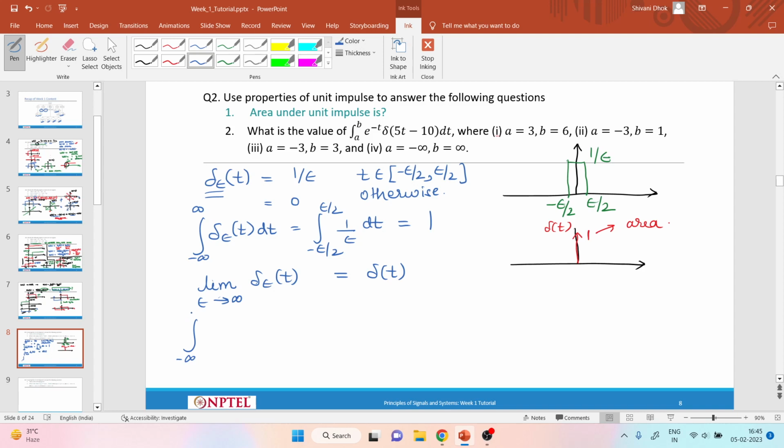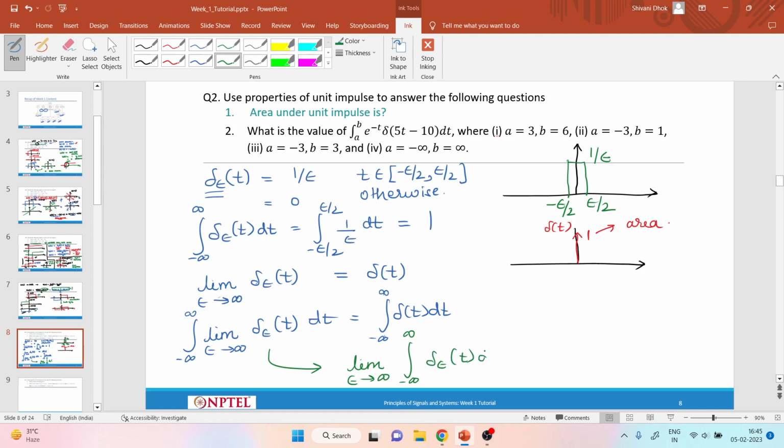So we have the integral from minus infinity to infinity of the limit of delta epsilon of t dt, which is equal to the integral of delta t dt. This can be written as the limit of the integral from minus infinity to infinity of delta epsilon of t dt, and we have seen that this value is equal to 1, and therefore the area under this unit impulse is equal to 1.